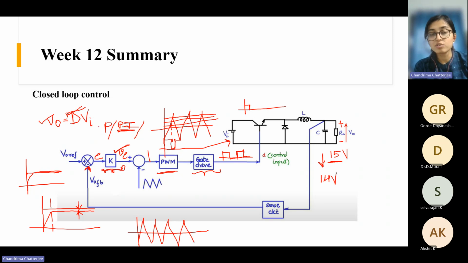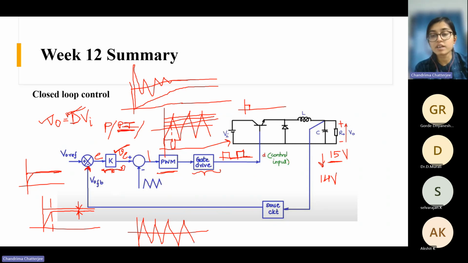It shouldn't be very slow, going like this and then settling after a very long time. And it also shouldn't have a very high overshoot and then settle after some damping. So we will have to improve this transient action and this steady state performance also.